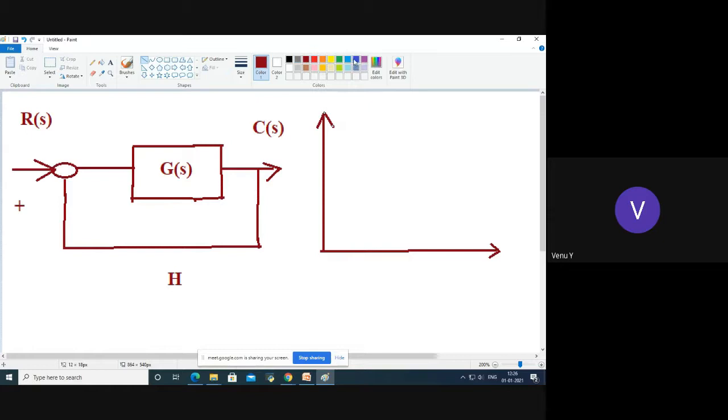So in general, you have step input, and if you have the response, it may be oscillating kind.